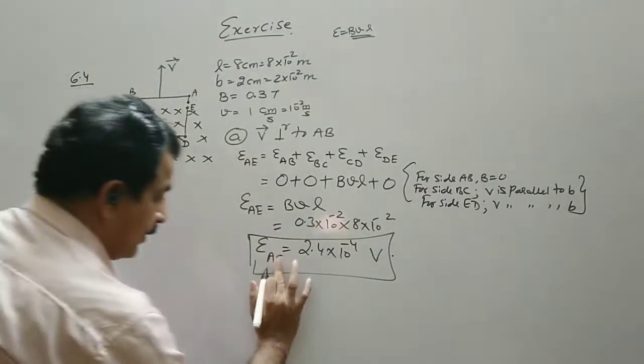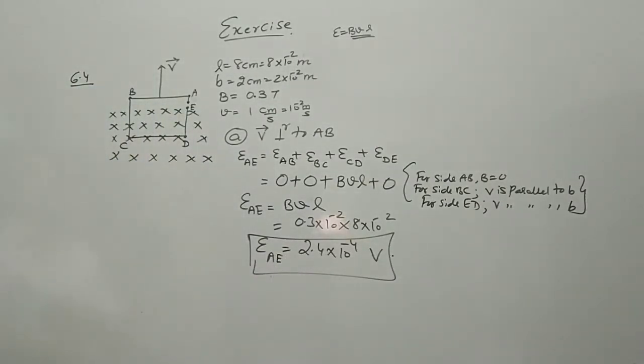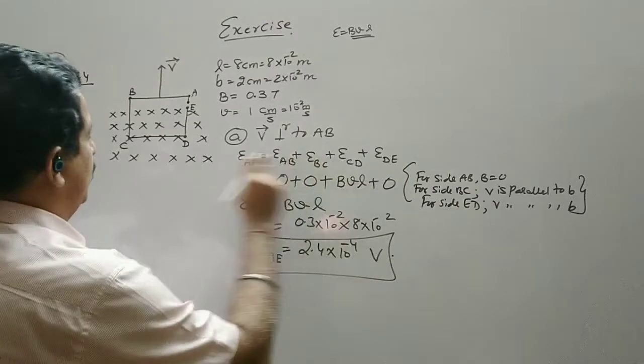Now let us find out the sign, which point is at high potential and which point is at low potential. The EMF is induced in the rod CD.